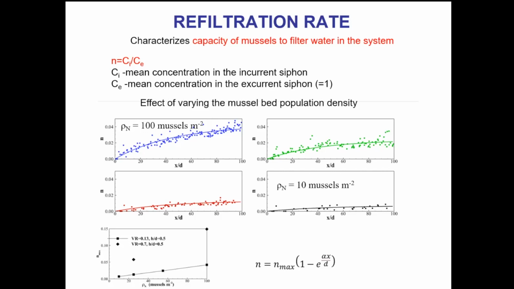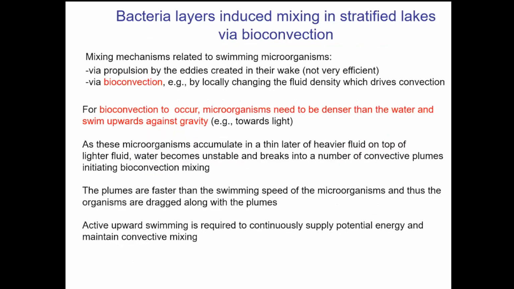So this is basically, again, how we can use these numerical simulations in order to characterize some variables which are important in order to characterize the stability of the mussel beds and the distribution of the phytoplankton.